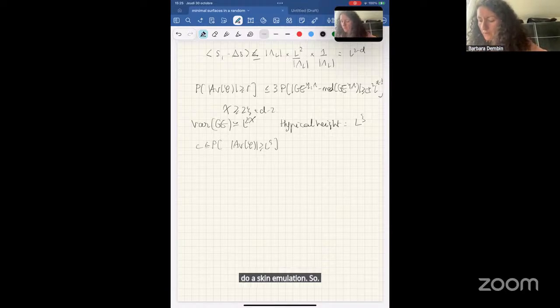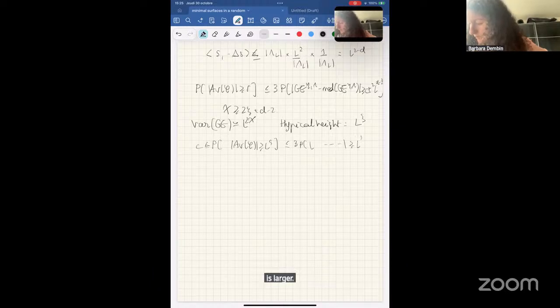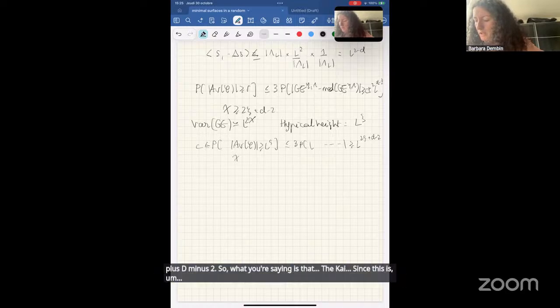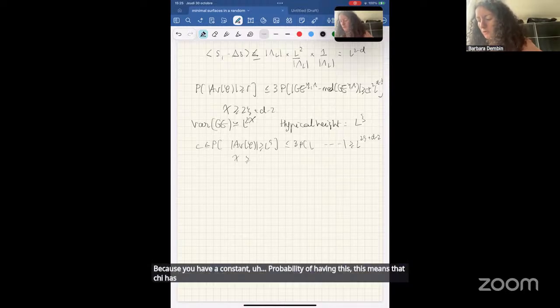So if you have this, then you have 3 times the probability that G is larger than L^(xi+d-2). What you're saying is that, since this is the probability that G deviates from its median by something typical, because you have a constant probability of having this, it means that chi has to be larger than 2 xi plus d minus 2.